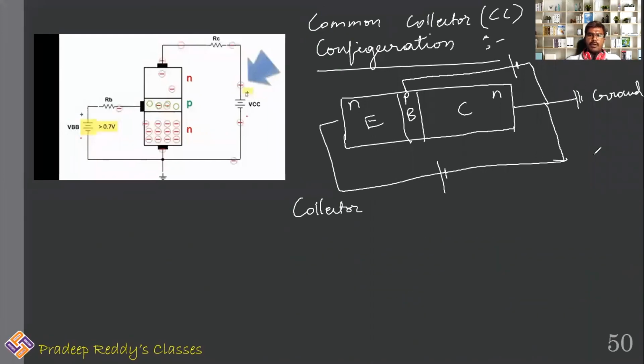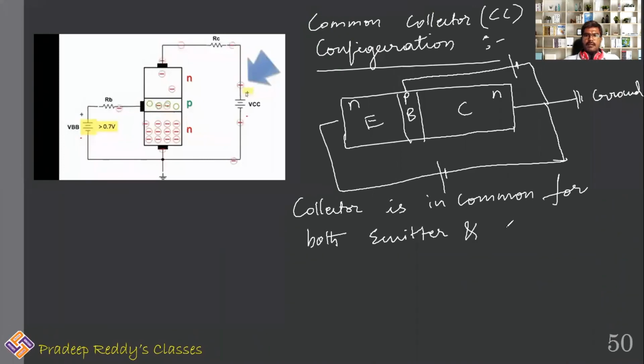So the collector is in common for both the emitter and base region, right? And this is called the CC configuration.